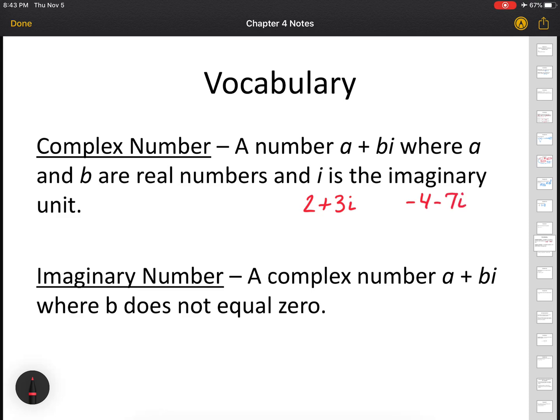They have a regular old number out front, a real number, and then the imaginary part tacked on the end. So an imaginary number is just a complex number where b does not equal zero. The imaginary part is always the part with the i, and the number out front is always the real part of the complex number.